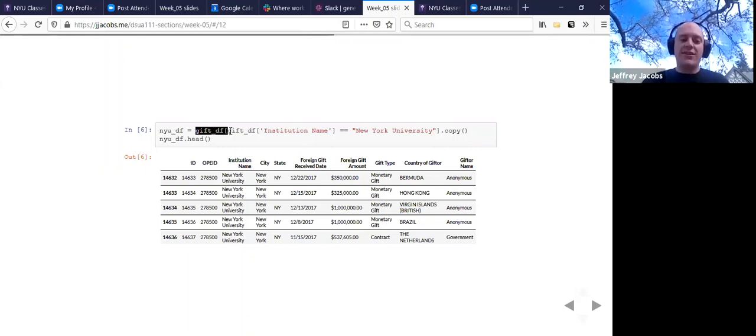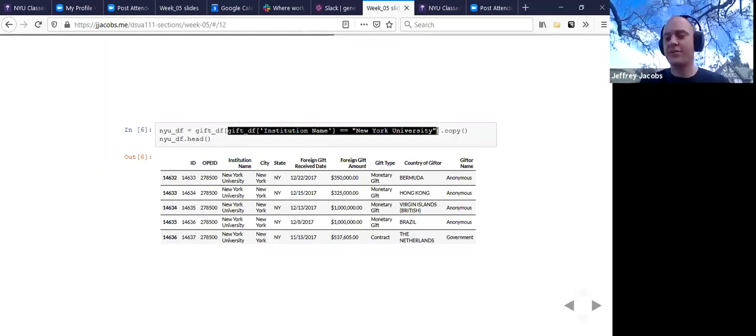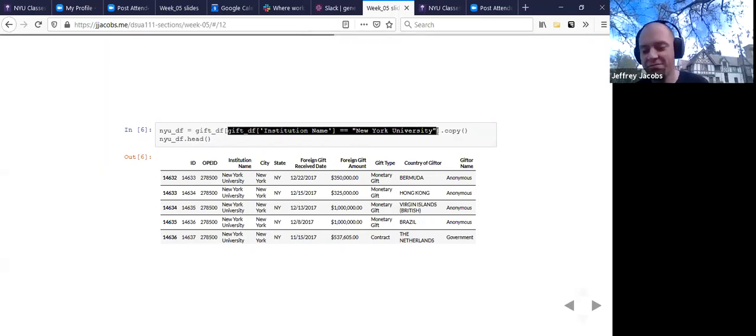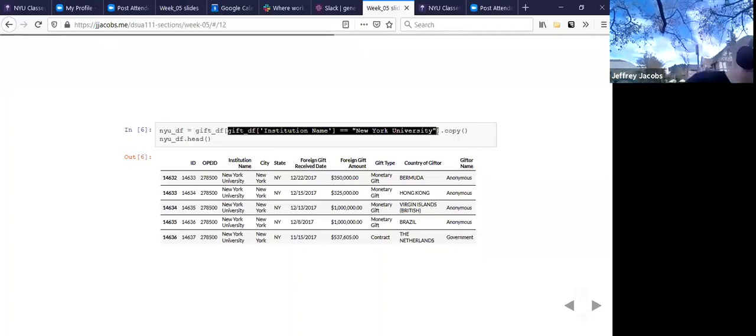If we consider what's inside the square brackets as a separate thing, think about it separately, it will make your life a lot easier, because you can take this thing that I highlighted here and consider it on its own terms.